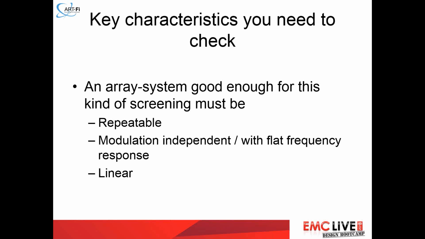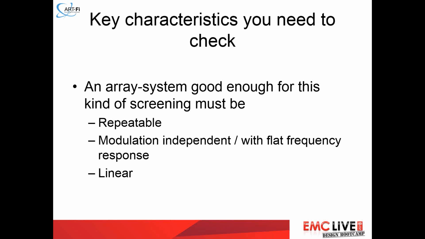It's also important that the system is modulation independent, or at least has a flat frequency response. Because if that's not the case, it's very difficult to rank the transmission modes. For example, LTE may use a 16 QAM modulation and excite a bandwidth of 20 megahertz, a pretty different kind of spectrum compared to a GSM modulation or type of transmission mode.